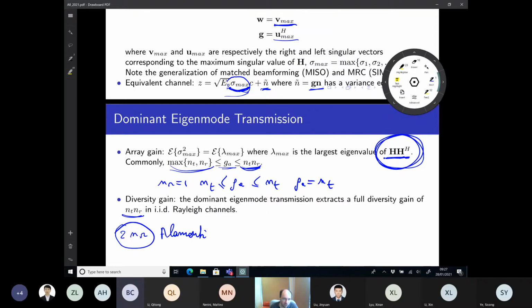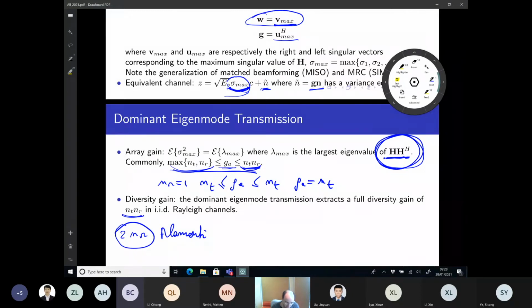The difference with Alamouti again is that you're going to have an array gain here because you have knowledge of the channels at the transmitter that enables you to do some form of beamforming. When you precode along W here, you actually do beamforming along some directions, and those directions are given by the dominant right singular vector of H.